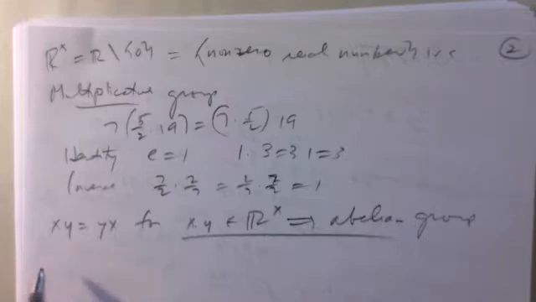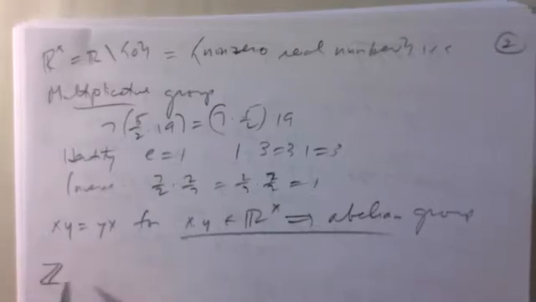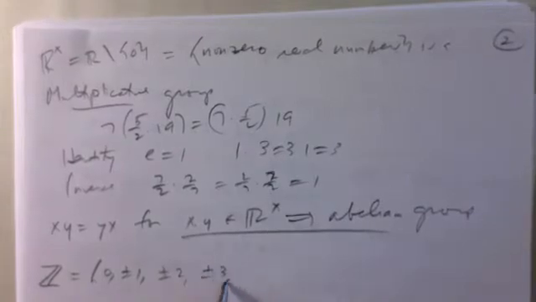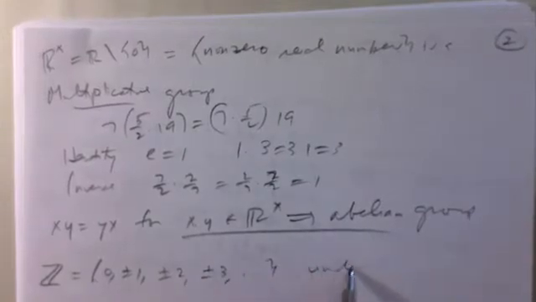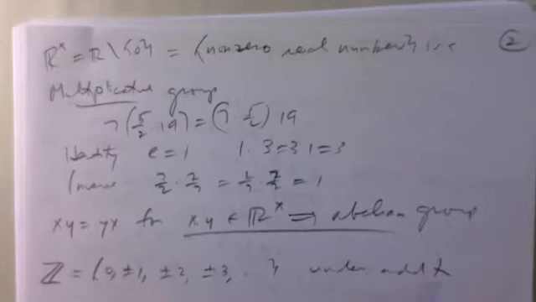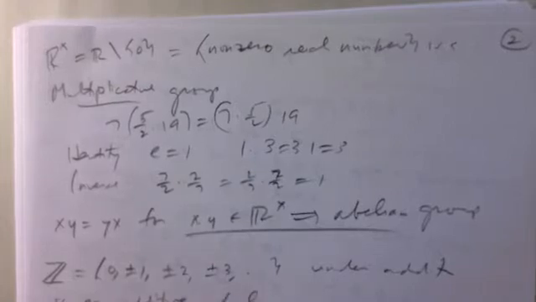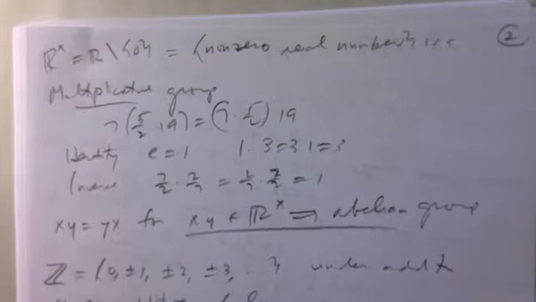Okay. What's another example? Z means the integers: 0, plus or minus 1, plus or minus 2, plus or minus 3, and so forth. Under addition is an additive abelian group.